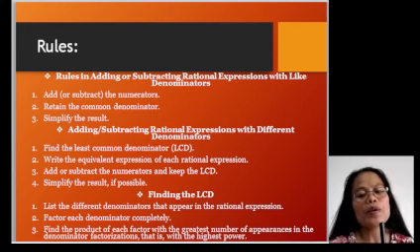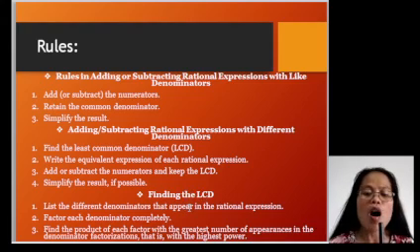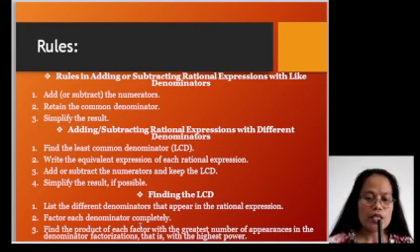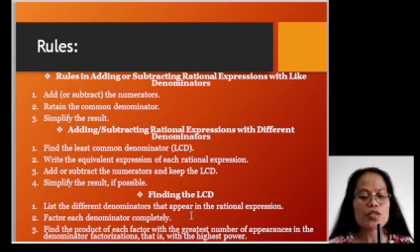And we will also have rules in finding the LCD or the least common denominator. Number 1, list the different denominators that appear in the rational expressions. Number 2, factor each denominator completely.